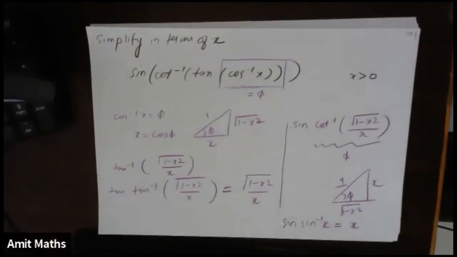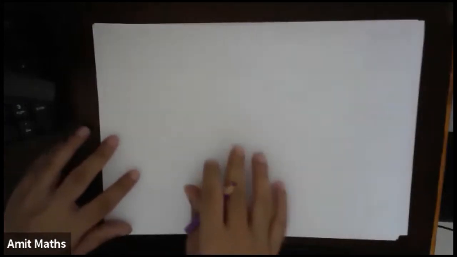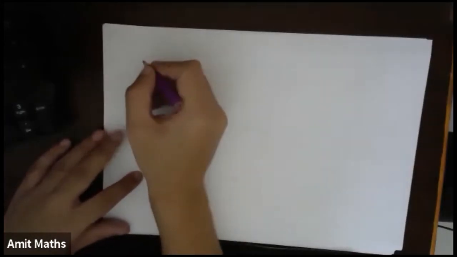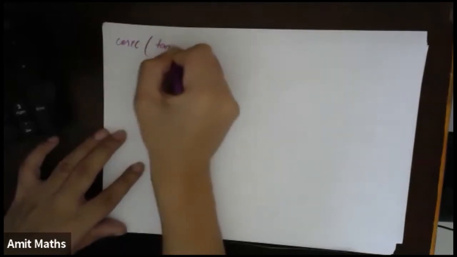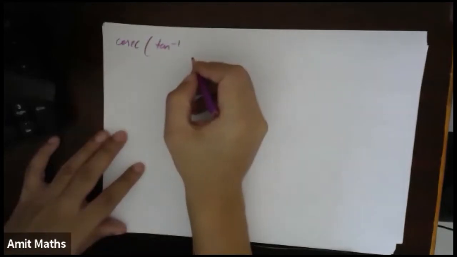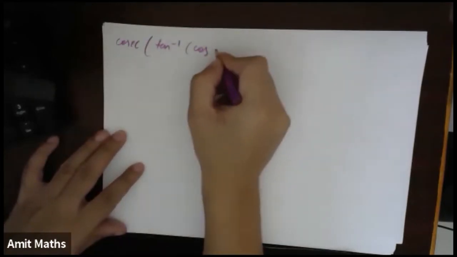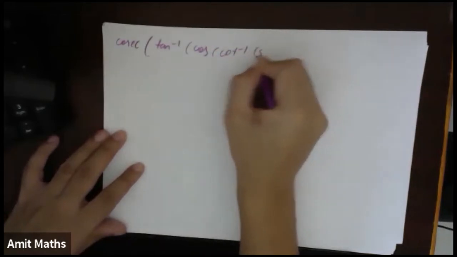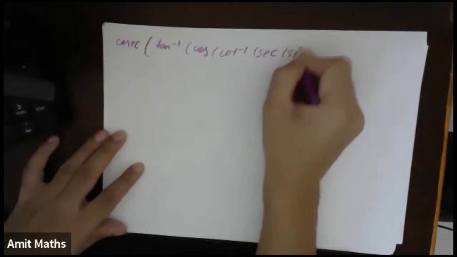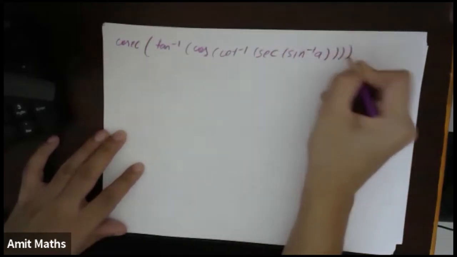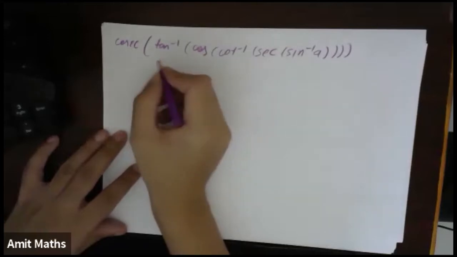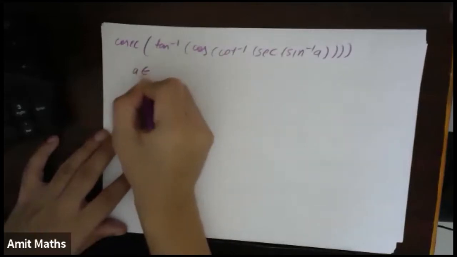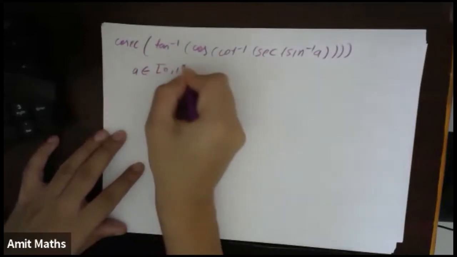Let's do one more question. Find the value of cosec tan inverse cos cot inverse sec sin inverse of A, where A belongs to 0 to 1.